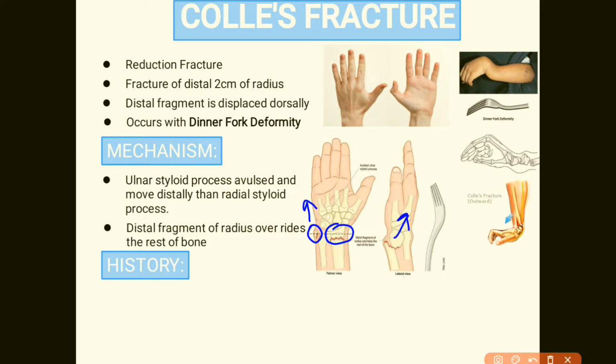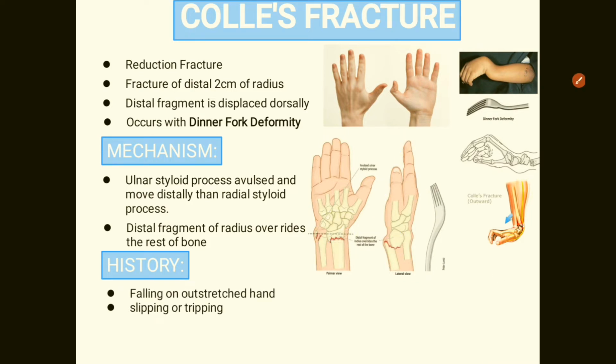You can see in a lateral view the distal fragment of radius overrides dorsally as compared to the palmar surface. If it is displaced palmally, then it will be a Smith fracture, but in Colles fracture the fractured bone is displaced dorsally.